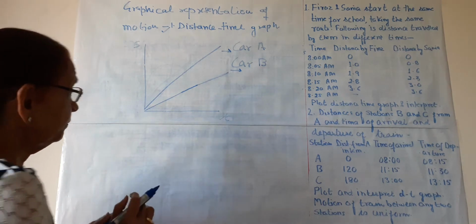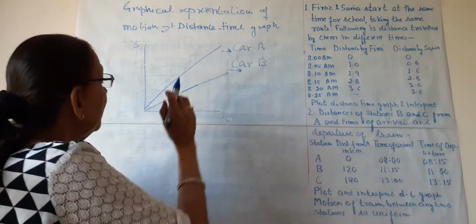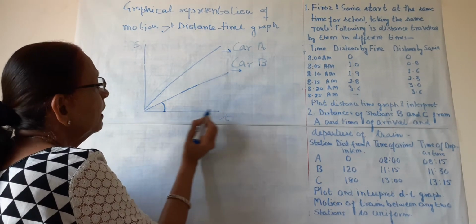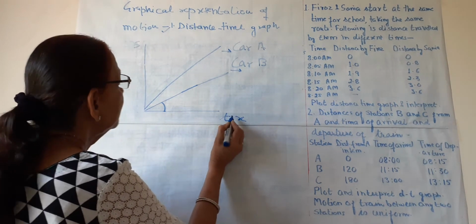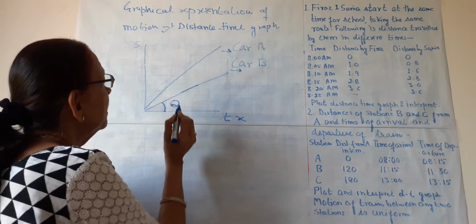How do we know? We know this is the slope of the graph, and these graph lines make an angle with the x-axis. This angle between the x-axis and the graph is known as theta.